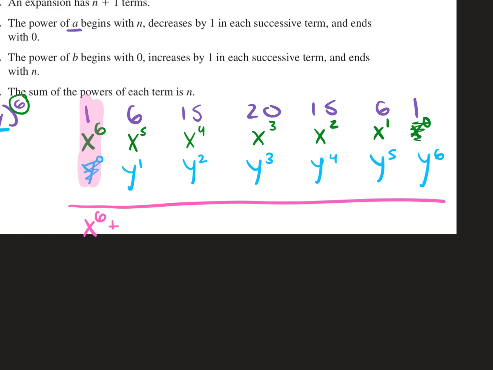Then plus my next column, 6 x to the 5th power times y to the 1st power, which is just y. Then our next column would be plus 15 x to the 4th power y squared.